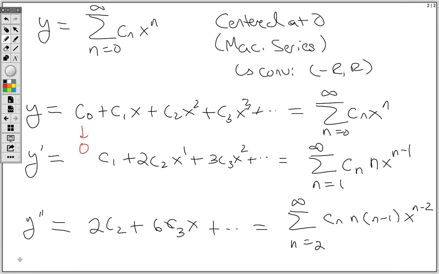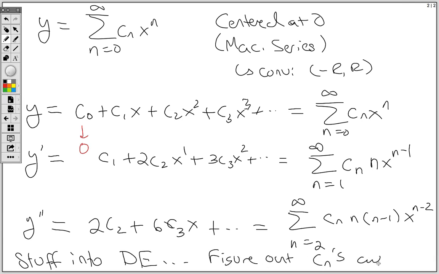So what we do is we take these and we stuff them into our differential equation. The unknown things here are the cn's, and so that's the goal, is to figure out what the cn's are.